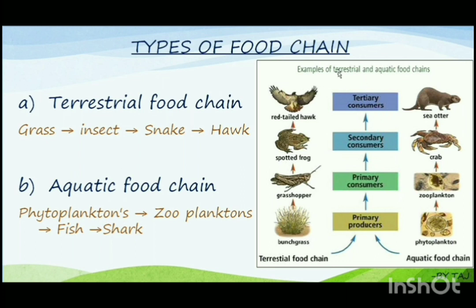Finally come the decomposers, which decompose all these organisms and transfer all that energy back to the earth. This is in a cyclic manner. So this is about the types of food chain.